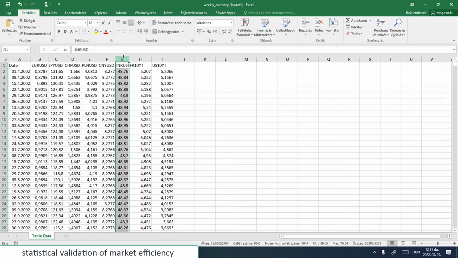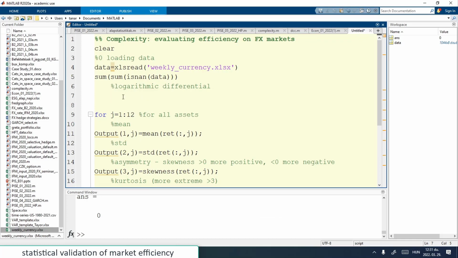To remove this scaling problem, it's much easier to use the logarithm on the data set. So ret equals diff log.